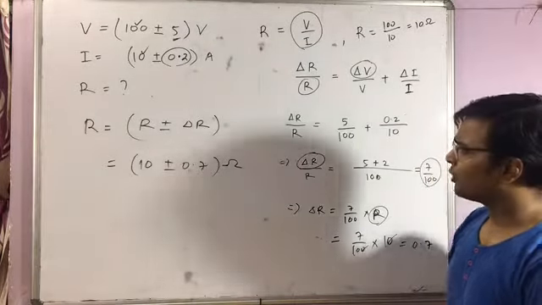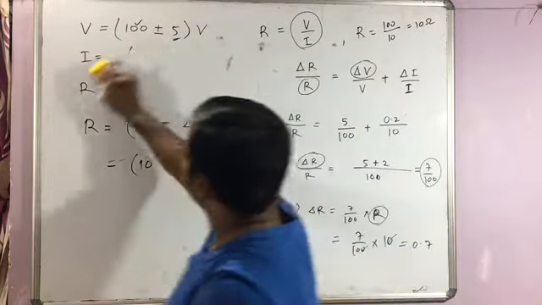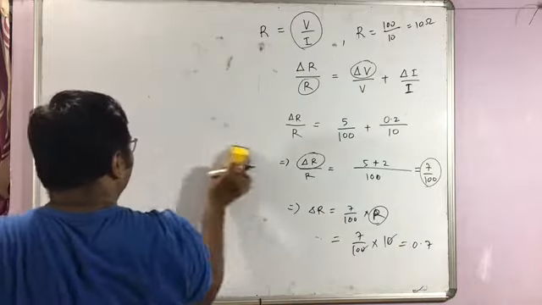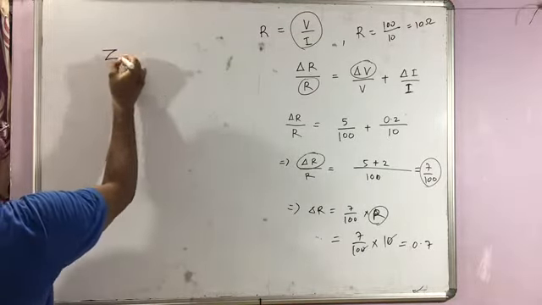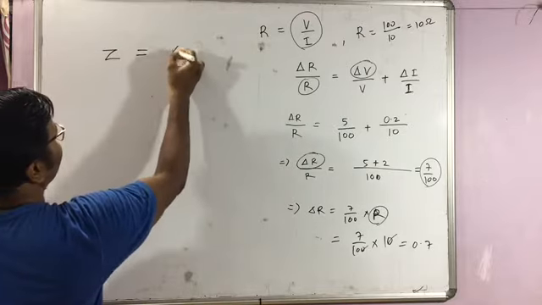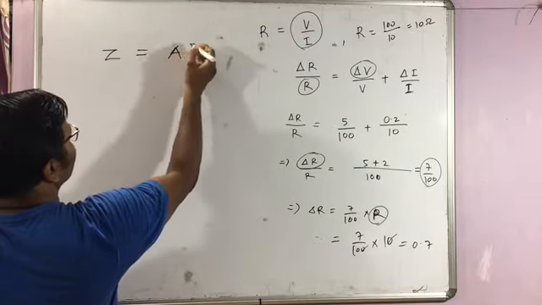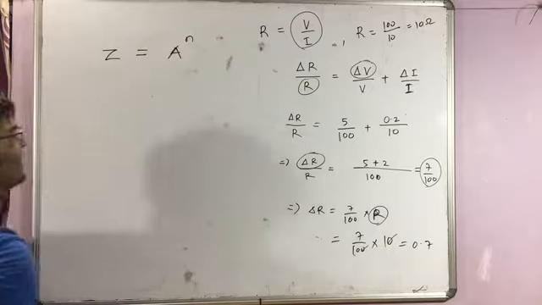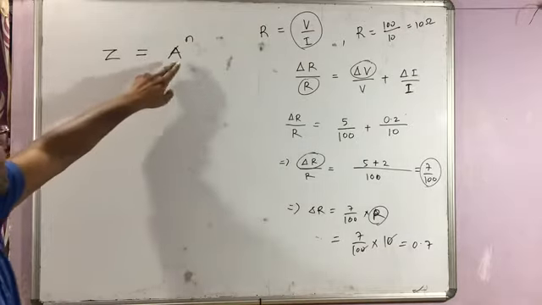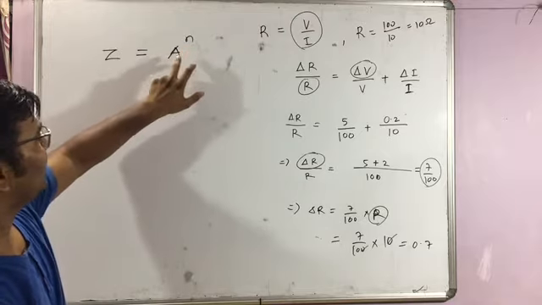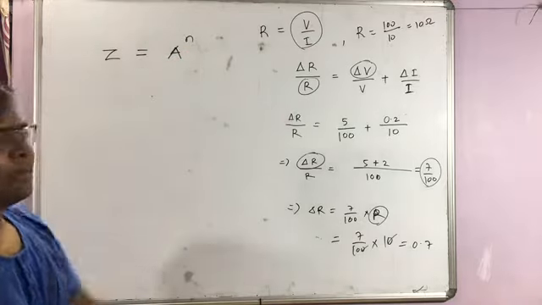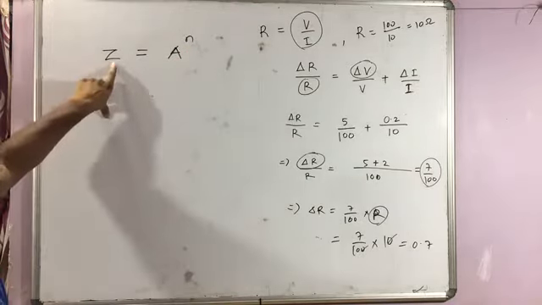Now there is another formula related to error, the last one. Suppose Z is a physical quantity which is A to the power n, meaning A is multiplied n times to give rise to this physical quantity.